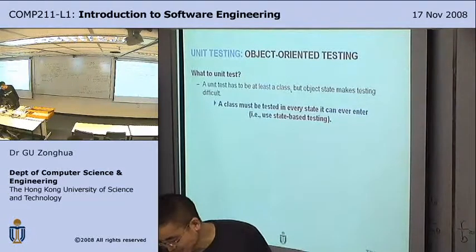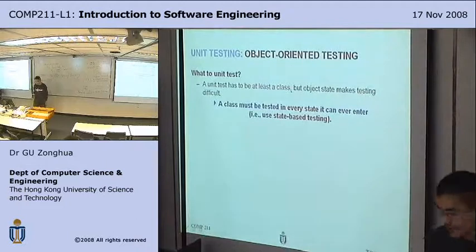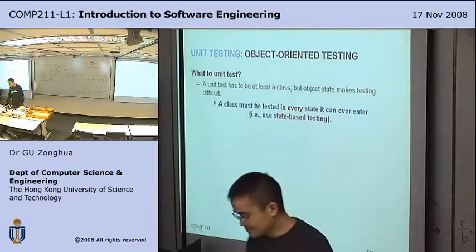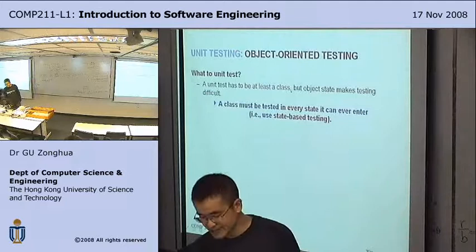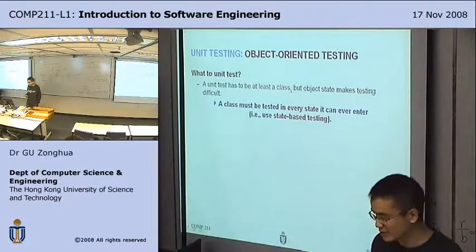That is, all the methods of a class may call each other, and so their behavior may depend on the object's state, that is, the attribute values.